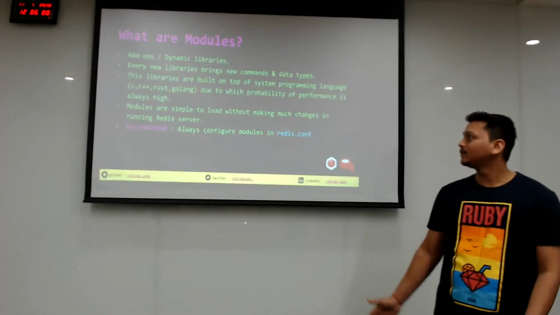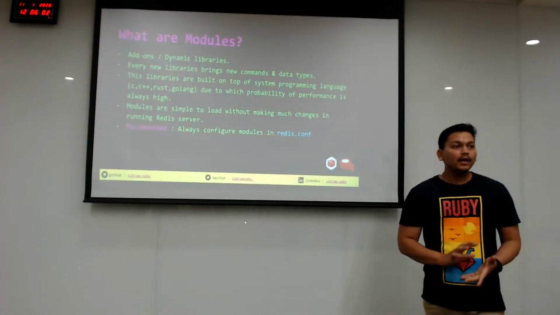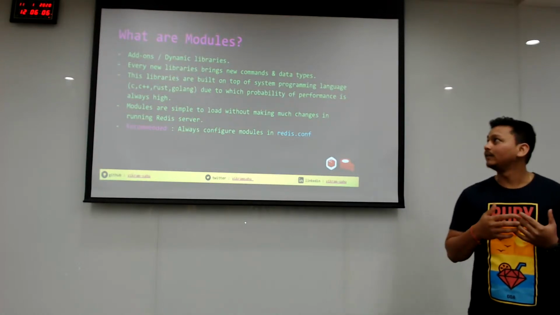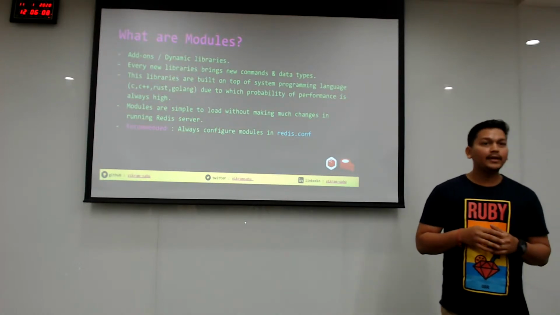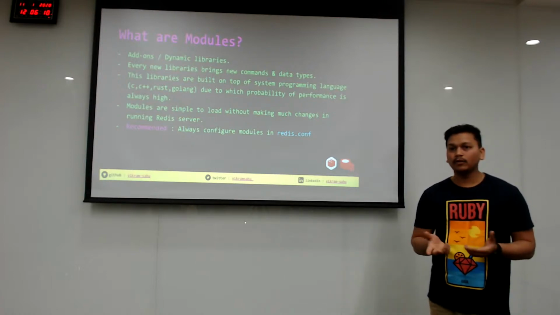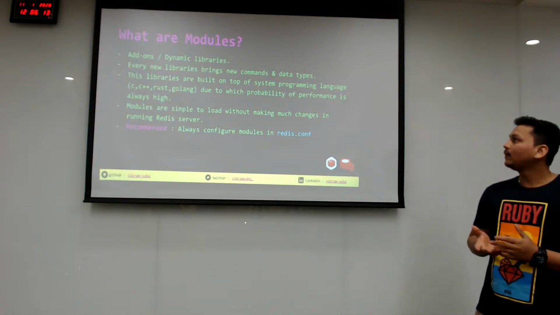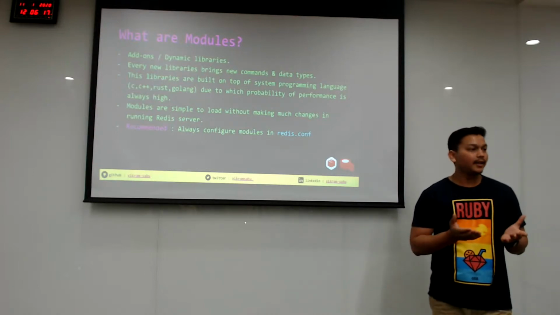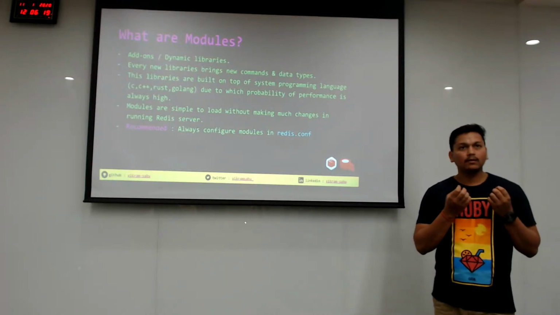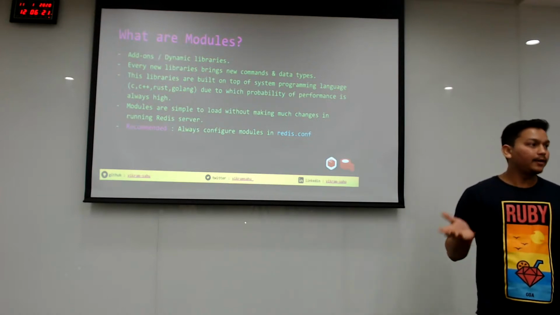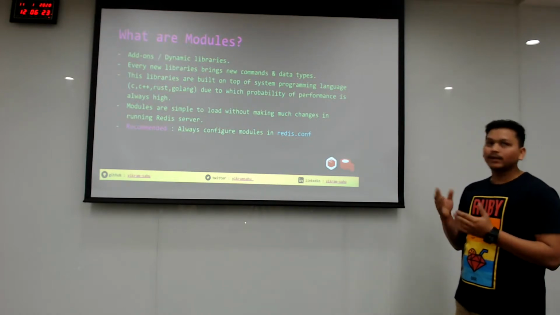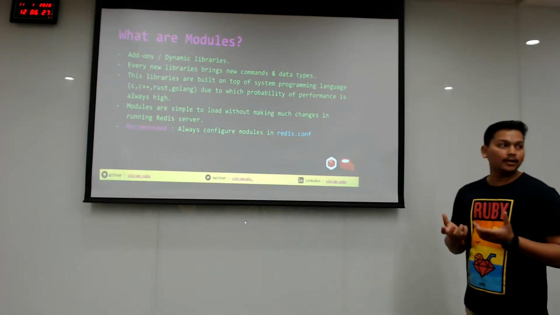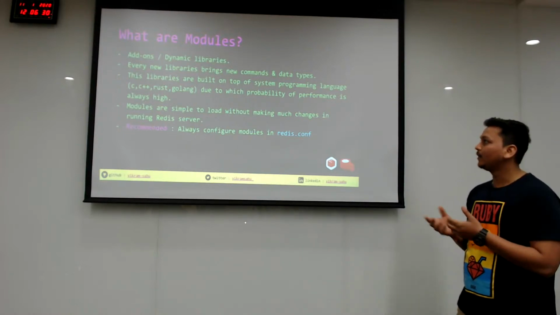So these are the pointers. Modules are add-ons or libraries which are dynamic in nature, which can be dynamically loaded in particular programs. Second, with new libraries, of course, your functionality and usage is expanded automatically. So does this Redis module. Once you include this Redis module, a similar kind of thing can be experienced.